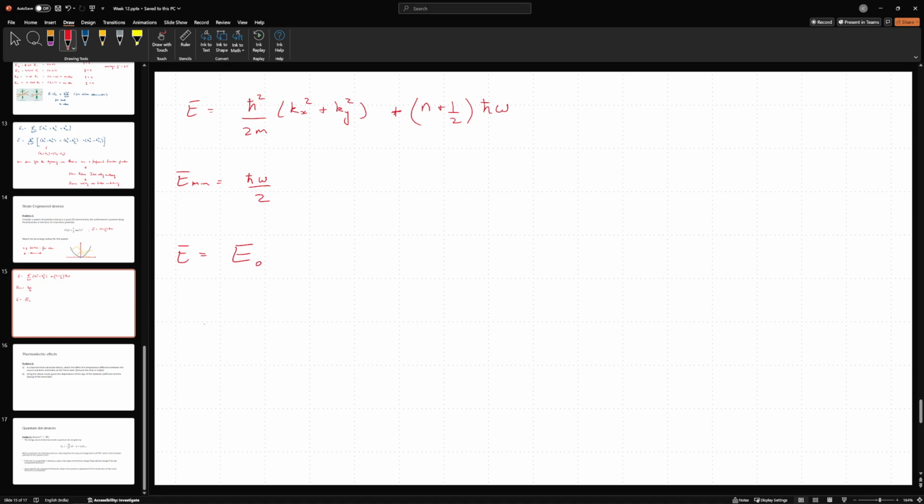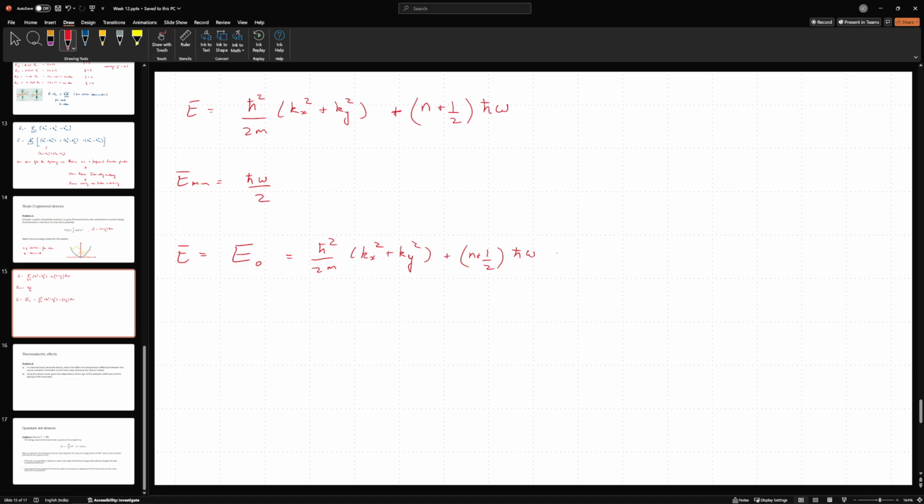So now this will give me a set of equations, which implies E naught is equal to h bar squared by 2m into kx squared plus ky squared plus n plus half h bar omega.